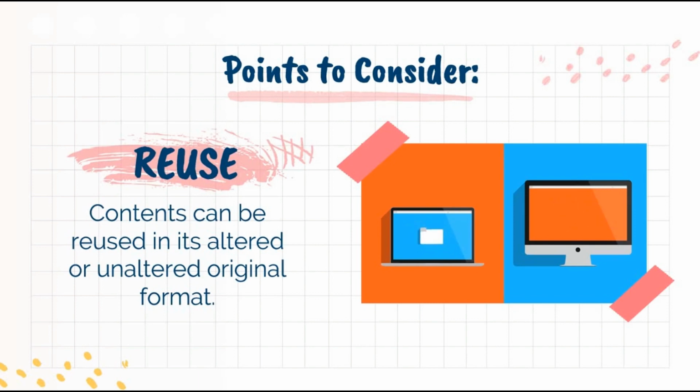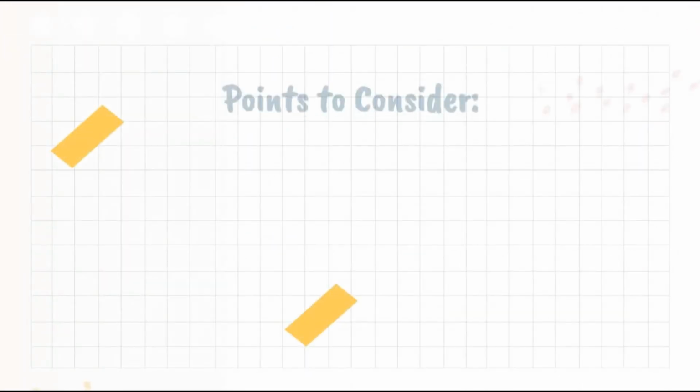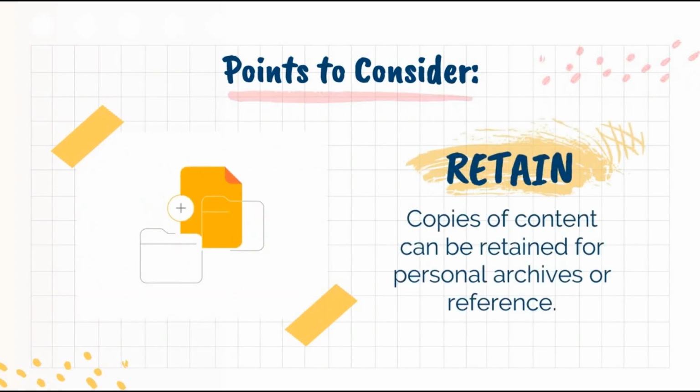Meaning you can reuse your original, revised, or remixed copy of the resource publicly either on a website, presentation, or as a class handout. The second is retain. Copies of content can be retained for personal archives or reference. You can make, own, and control a copy of the resource and keep it in your computer.